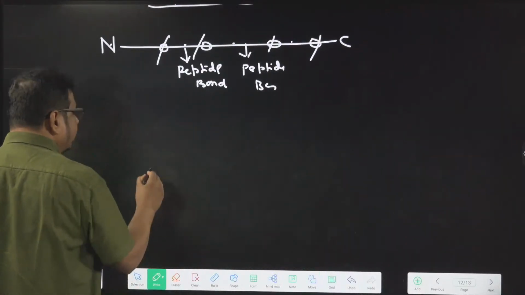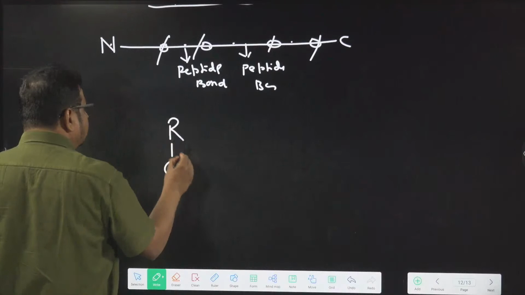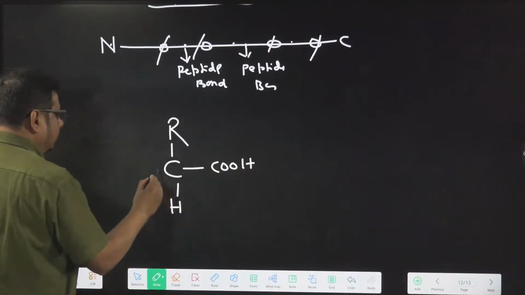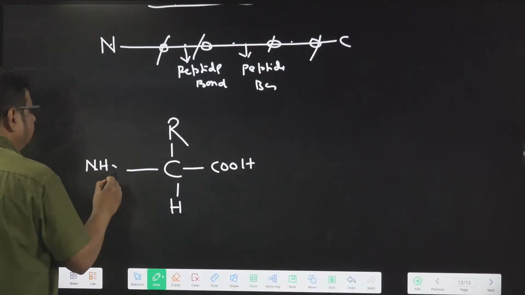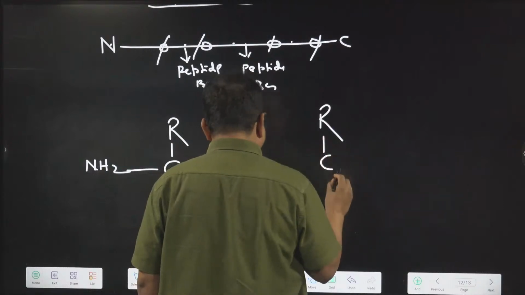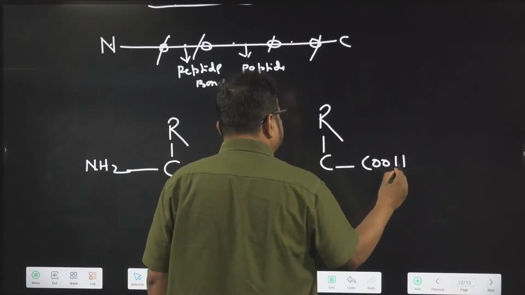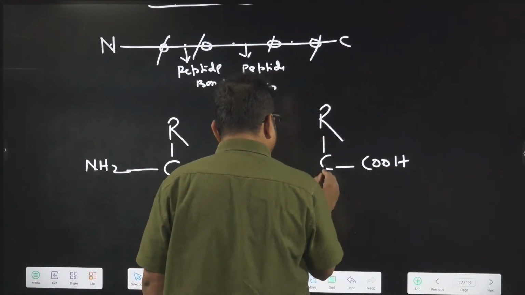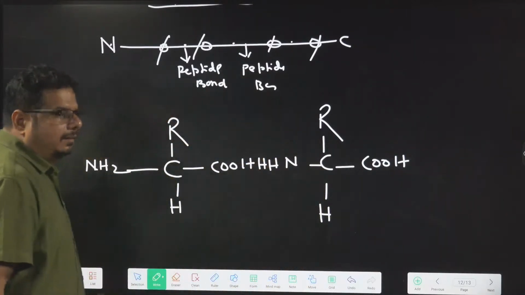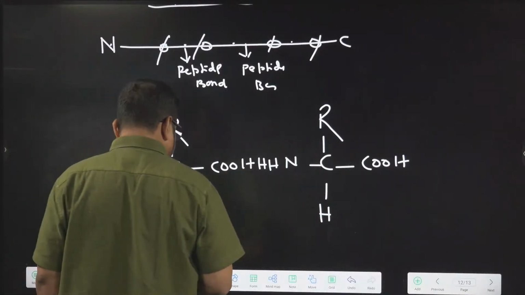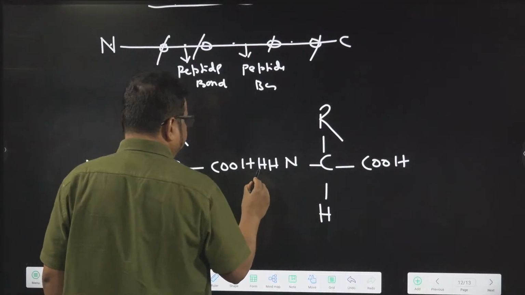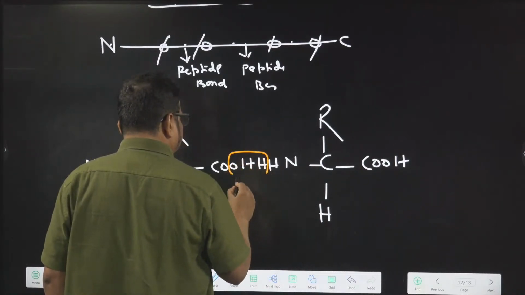How are they joined with a peptide bond? Have a look. I am writing R, C, COOH, H, NH2. Here I am writing another amino acid, C, R, COOH, H, and NH2. Now what happens? Water is removed. Dehydration occurs, releasing H2O.